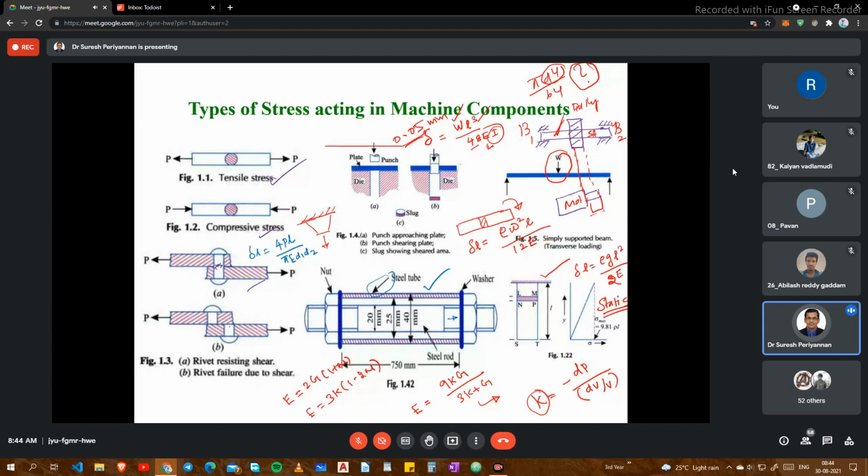When we are tightening the nut, when you are applying the torque on the nut, the bolt is subjected to tensile load, the tube is subjected to compressive load, and the washers are subjected to compressive load. Okay, now we move to the next.